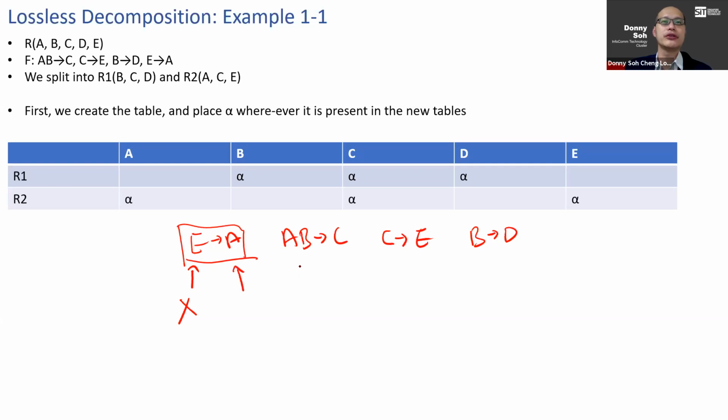I don't need to consider this. This is also wrong. I will be able to fire this because over here I have 2 alphas here. I can put alpha here.